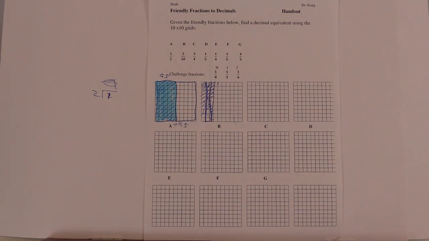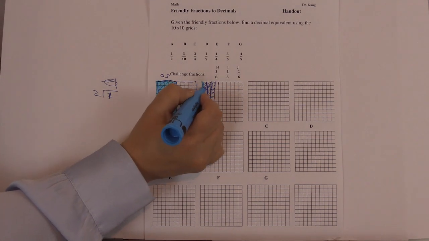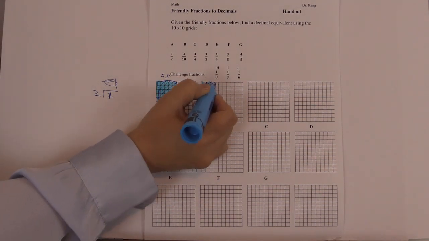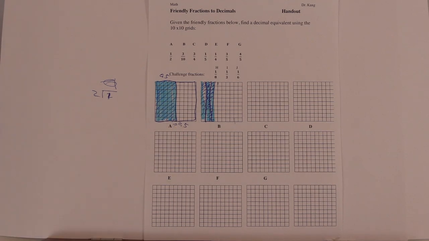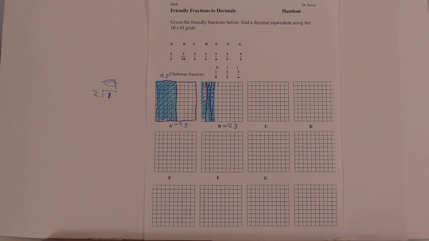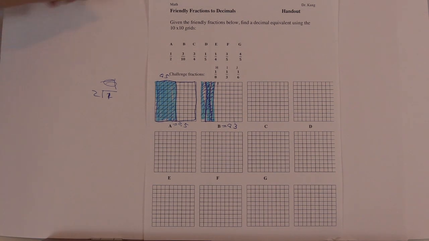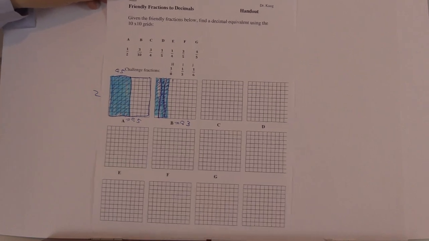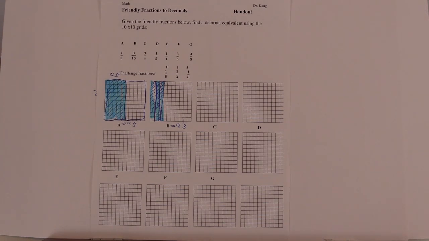These 3 of them are shaded. So that's the fraction concept. So I have 1/10, 2/10, 3/10. So how are we supposed to write it as a decimal in here? It's going to be 3/10. Good.